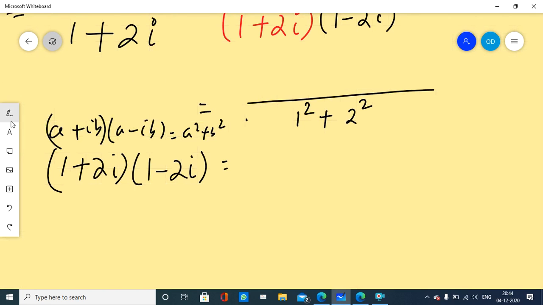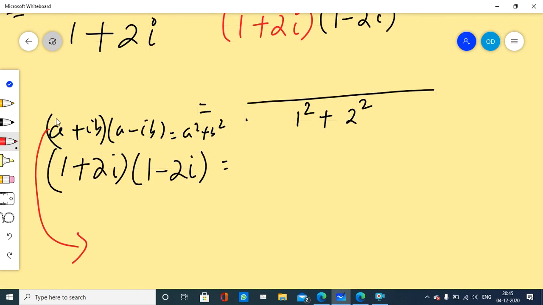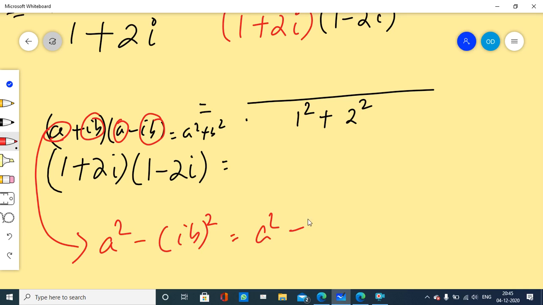Otherwise, there is another way to go. Just like x plus y into x minus y is equal to x square minus y square, here it means a square minus the square of ib. Well, a square is a square, minus i square is minus 1, and then b square, so minus times minus gives a square plus b square.